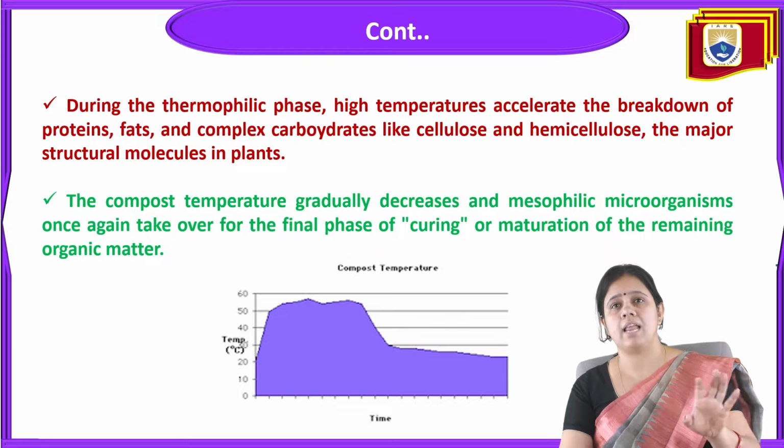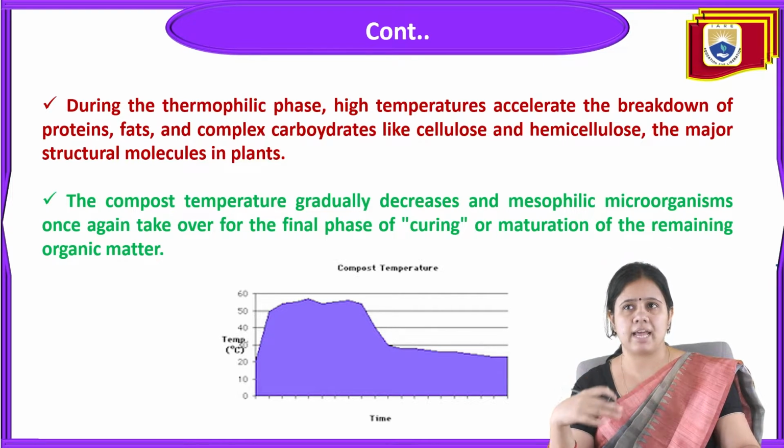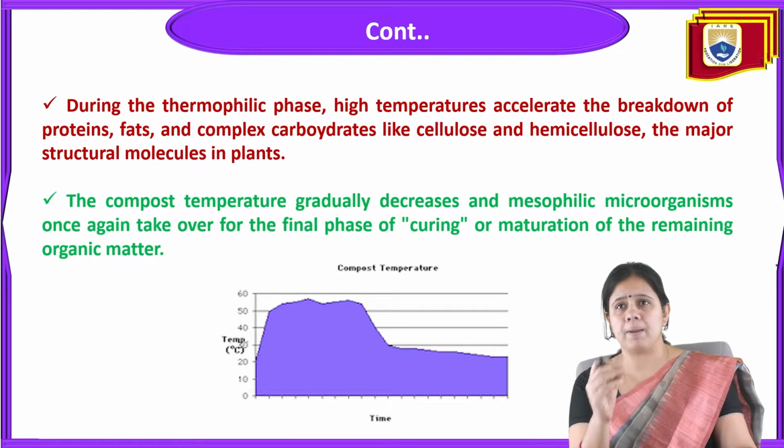This is what will happen during the thermophilic phase. High temperature accelerates the breakdown of protein, fats, and complex carbohydrates like cellulose and hemicellulose, and the major structural molecules in the plants.